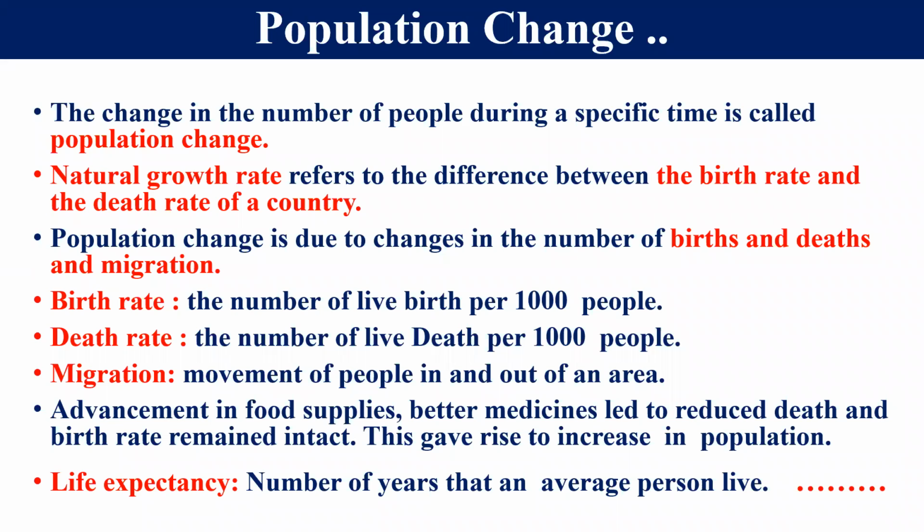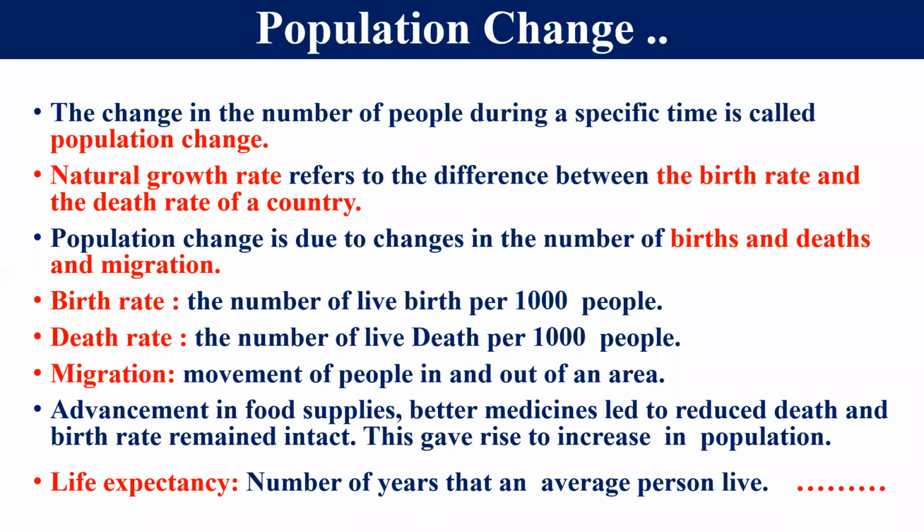Okay, students, I think the concept is clear to all of you. First of all, we have discussed population change. It means the change in the number of people during a specific time over a particular area. And in this, we discussed that there are three factors due to which the population changes: birth rate, death rate, and migration.